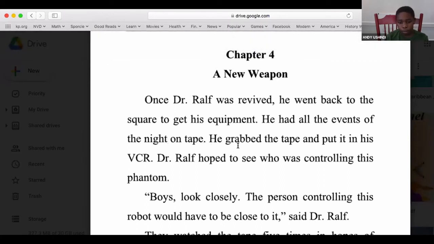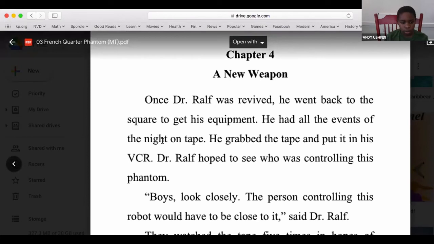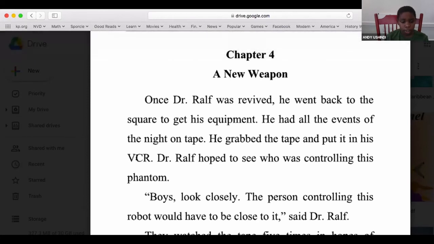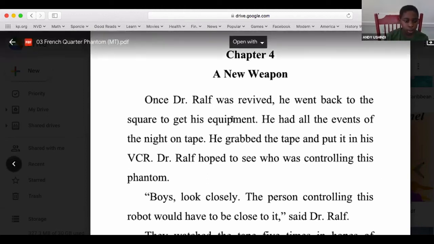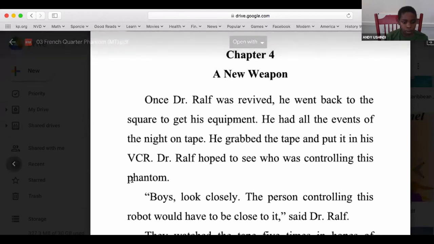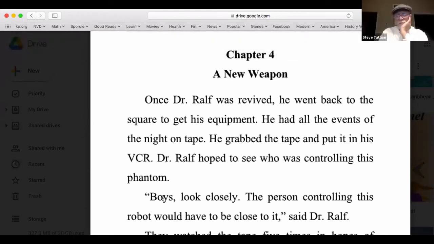He grabbed the tape and put it in his VCR. Dr. Ralph hoped to see who was controlling this her phantom. Good.